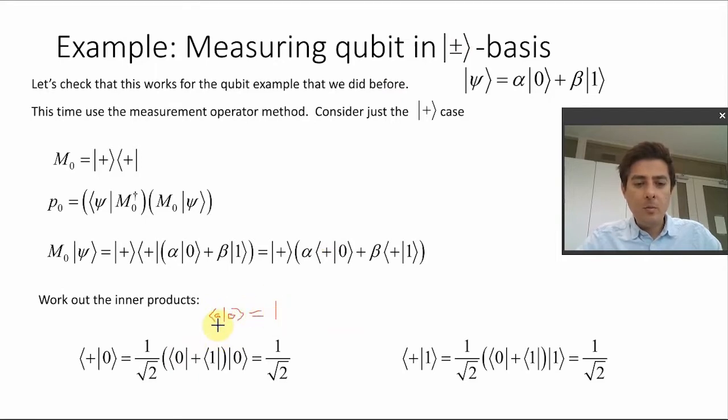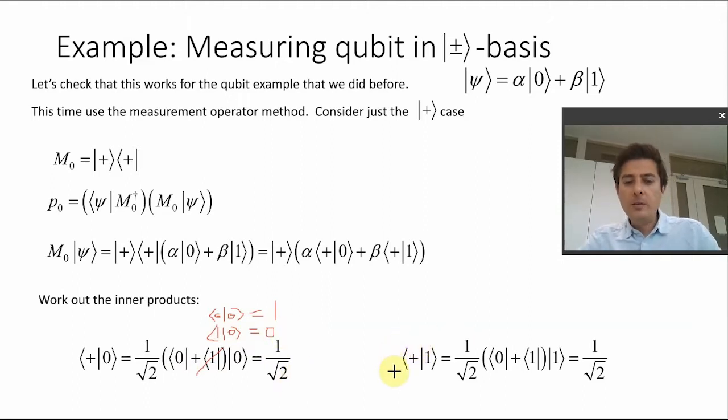And the 1 inner product with 0, these are orthogonal vectors. So remember, these form a right angle. So the inner product of those is 0. So in other words, this term just disappears. This term is just 1, so you just get 1 over square root of 2.